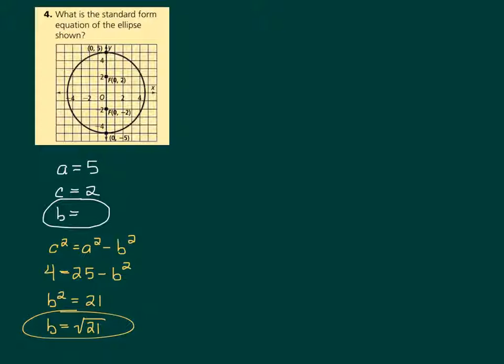And I choose to leave B as the square root of 21 because, well, first off, you can always leave your answer as a radical, and that radical doesn't simplify, so we're good. Also, they asked for the standard form equation, so this is really all we're going to need, is the B squared. So my standard form equation is x squared over something plus y squared over something equals 1.